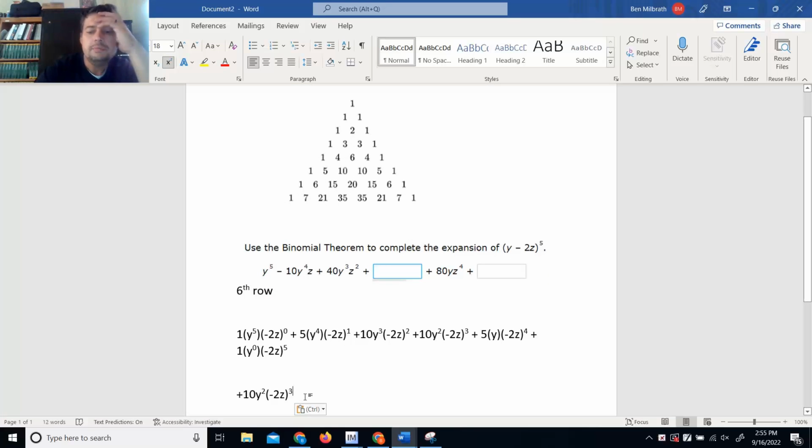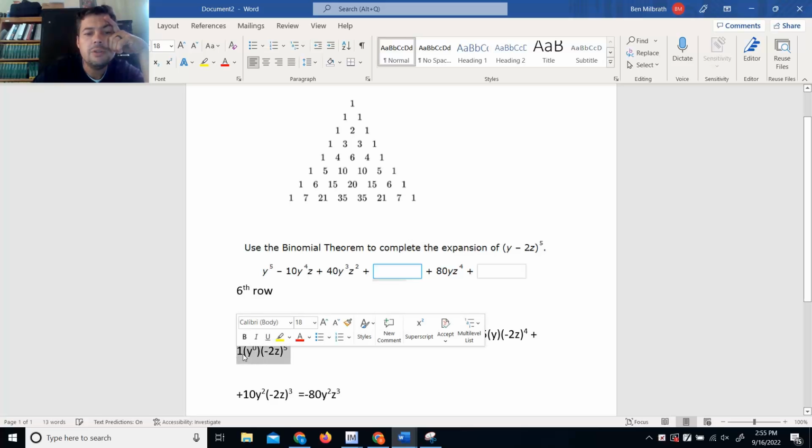All right. So if you take a negative 2 and you cube it, you get negative 8. Times the 10 out front is negative 80. Y squared. Z cubed. That's that piece. They want the last piece, which is this one. That's pretty simple.